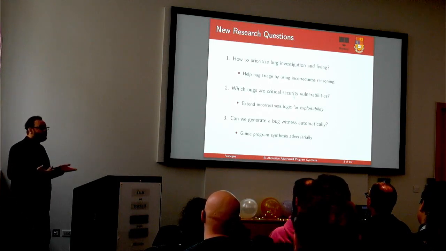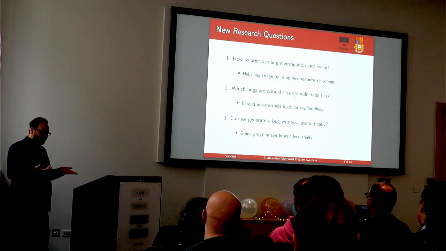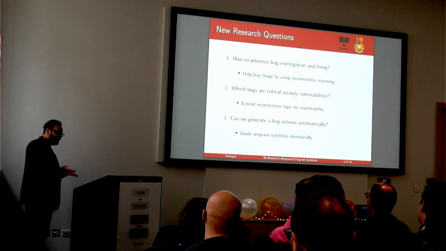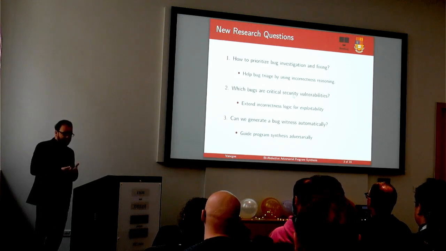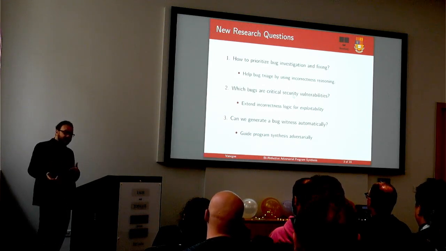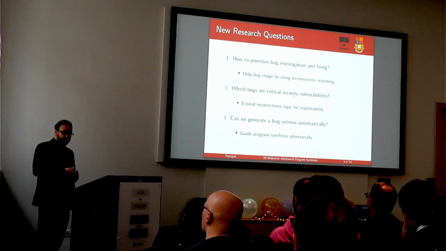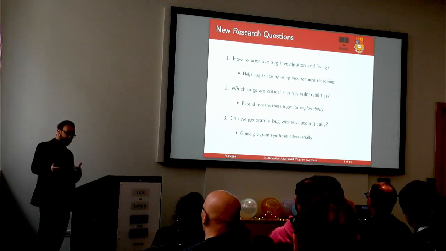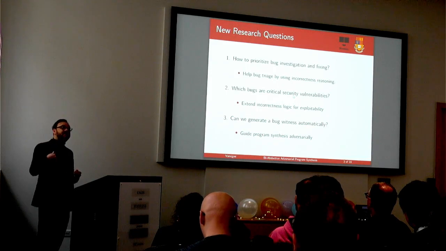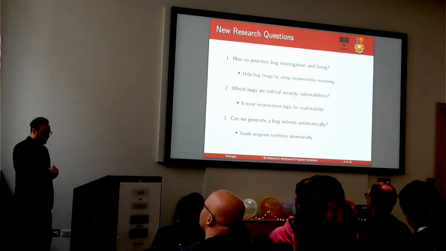And so a bunch of new research questions actually stem from that. First of all, how can we prioritize bug fixing? Because we have a lot of bugs, hundreds of bugs, thousands of bugs. Which bugs should we fix first? This is a really good question, and we can use incorrectness logic reasoning for that because we care about those bug weaknesses, right? How can we actually prove the presence of a vulnerability rather than necessarily proving the absence of them?